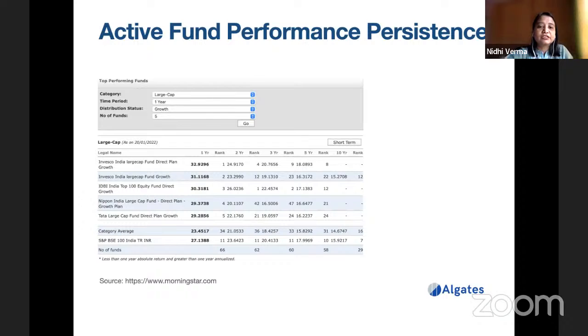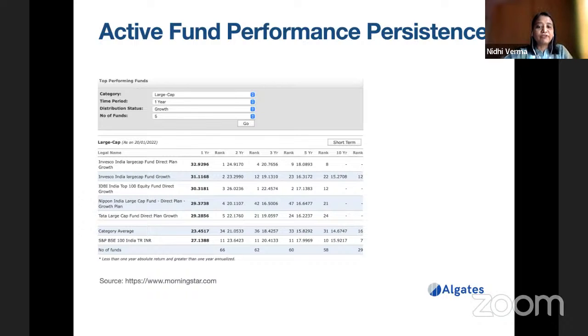I have just taken the screenshot of all large cap funds, and we see the top 5 funds and how they have performed. If we see the 1 year performance, in the first column after the legal name of the fund, you see the 1 year performance and the rankings.